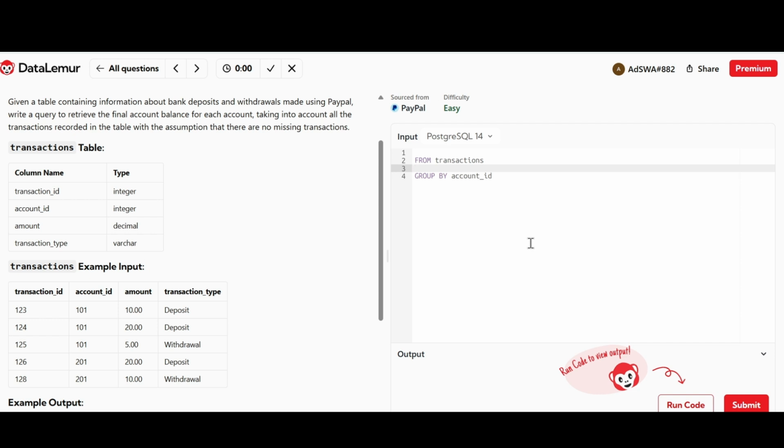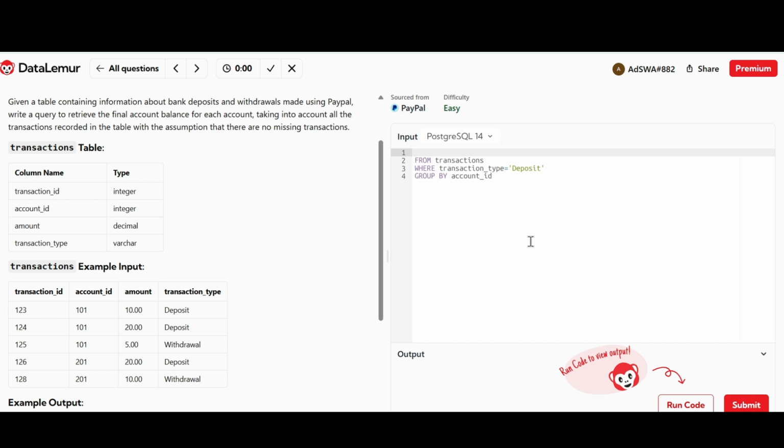Actually this is the convention. So we will only take those rows where we have the transaction deposit. So where transaction type is equal to deposit. We have taken deposit, grouped by the account ID.